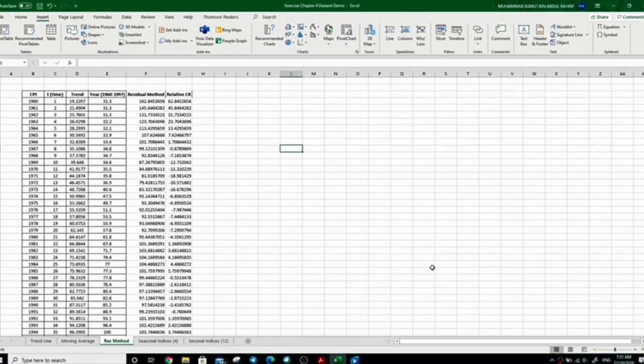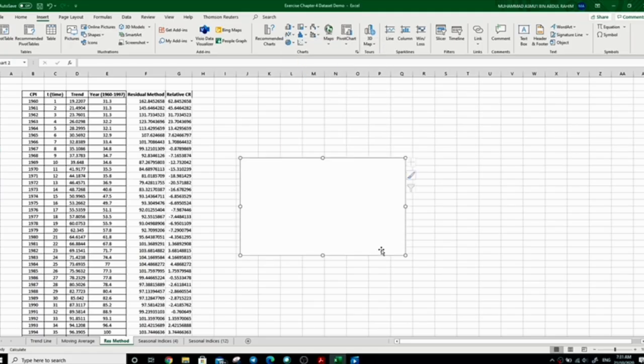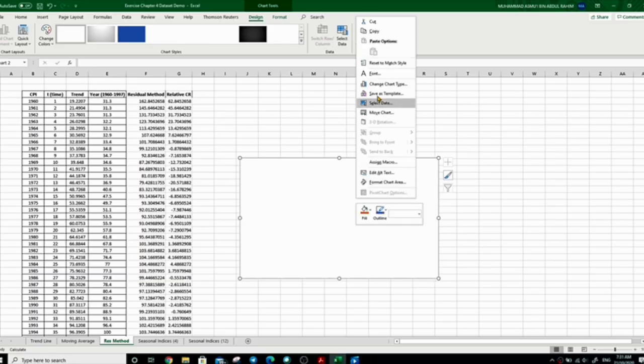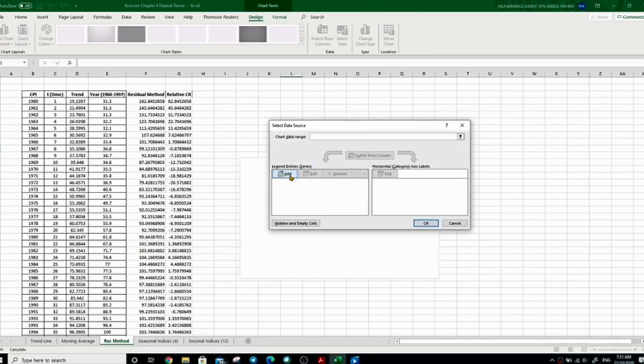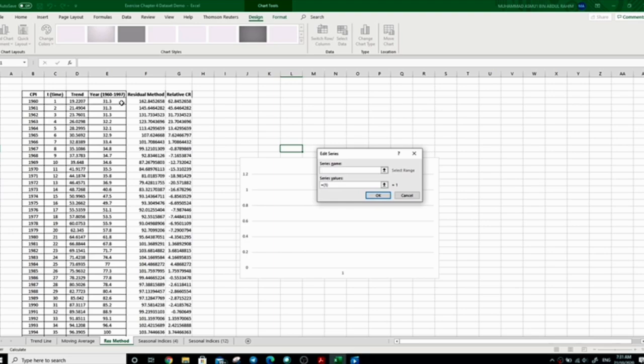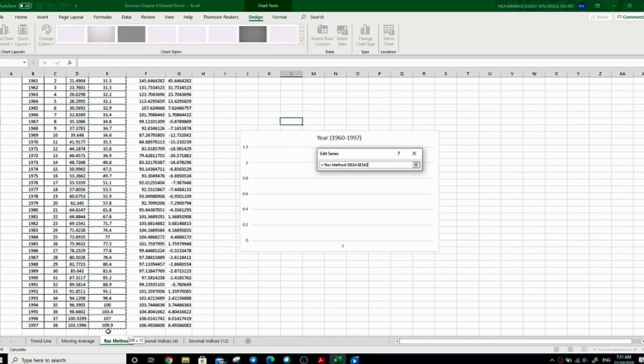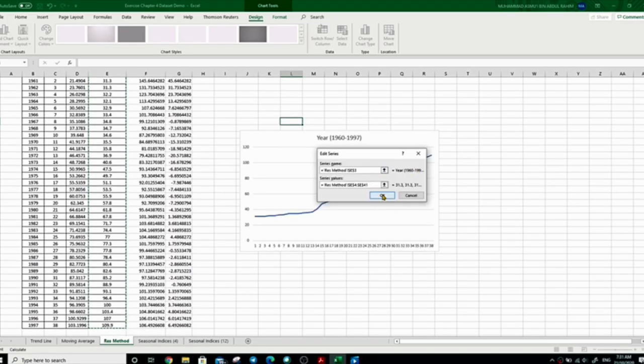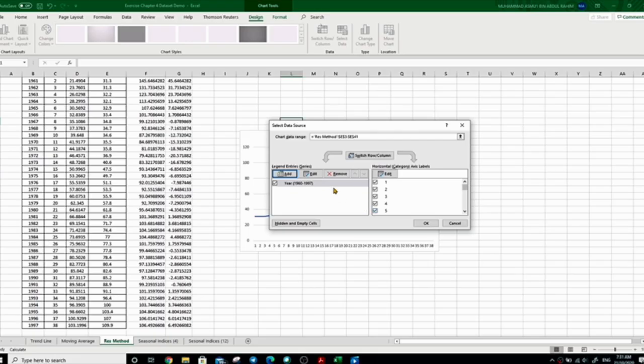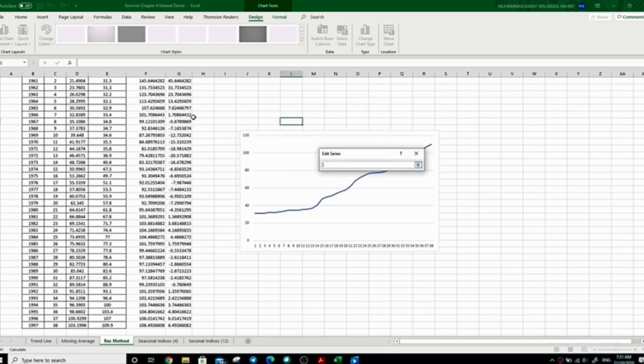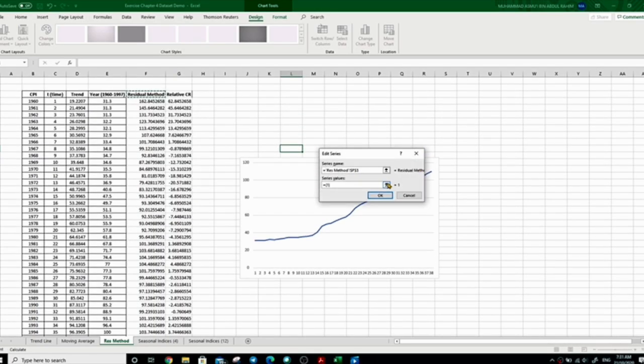Now we will plot our series accompanied with the residual method that we calculated and also the relative cyclical residuals. Alright, so we add, select data, add the original series. And then you add the residual method.